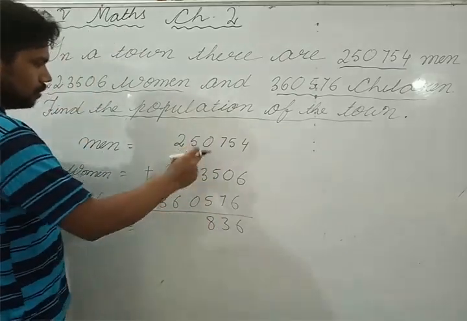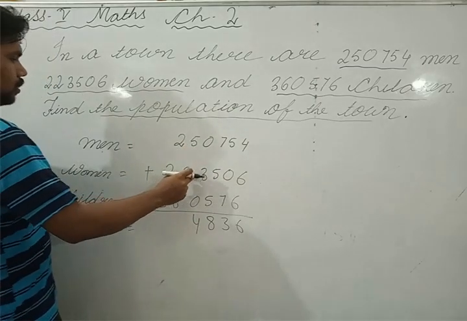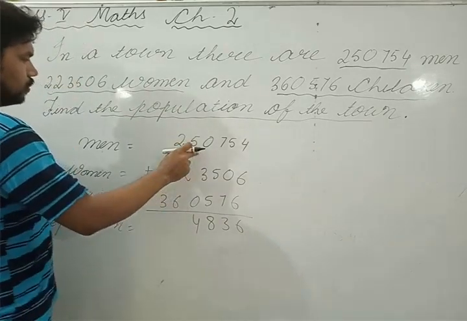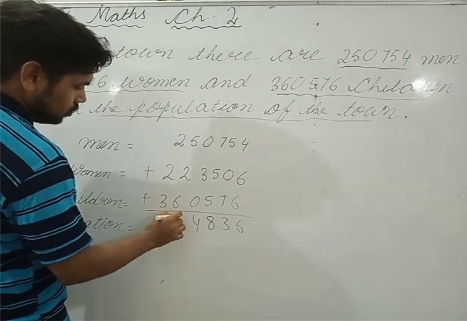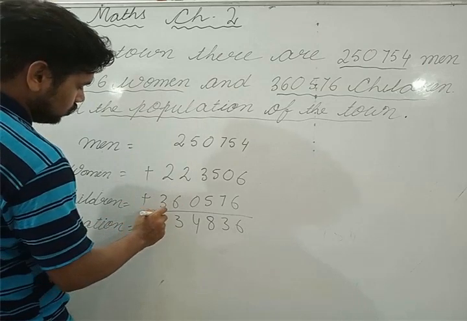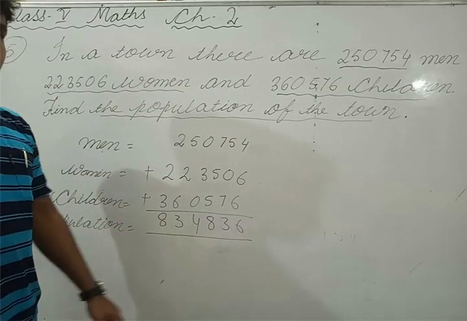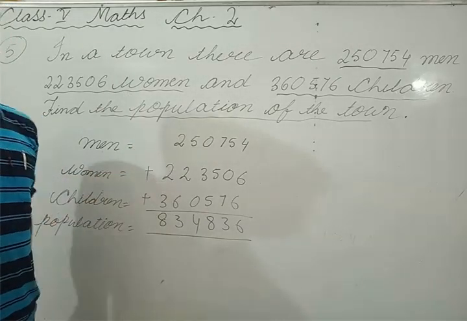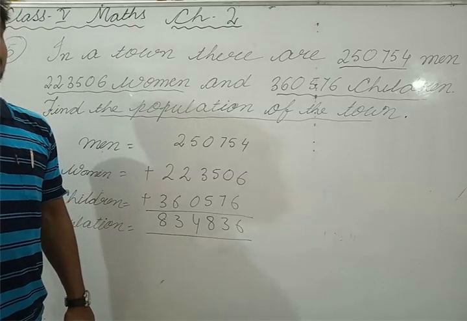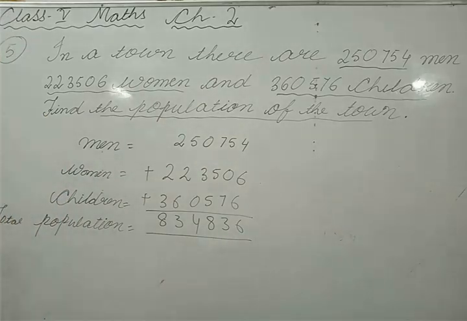So 8, 1 carry, 4, 6 to 8, 8, 8 plus 5, 13, 3, 1 carry, so 5 plus 3, 8, so 8. So this is how much will be the total population of the particular village or particular town. Okay, so this is how you can solve the word problem questions related to the total populations of a particular location.